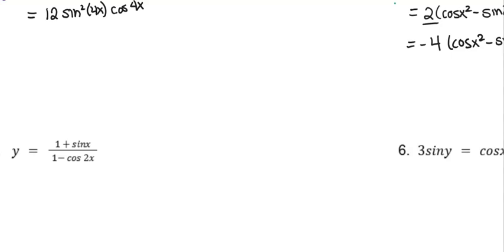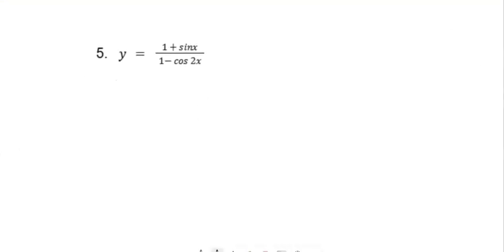Okay, let's try a trickier one. All right. First up, I'm going to take the derivative of the top. Derivative of sine is cos x. Then I'm going to leave the bottom as it is. I'm going to subtract.